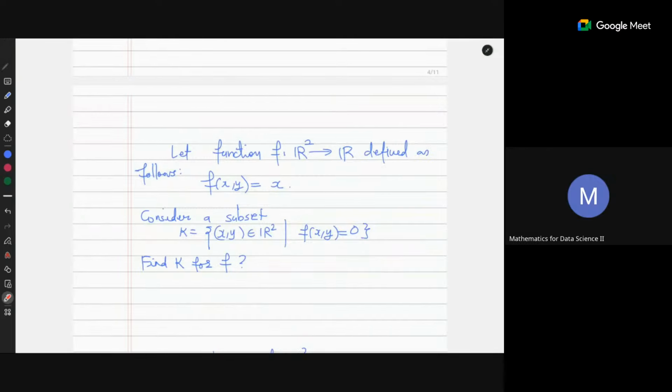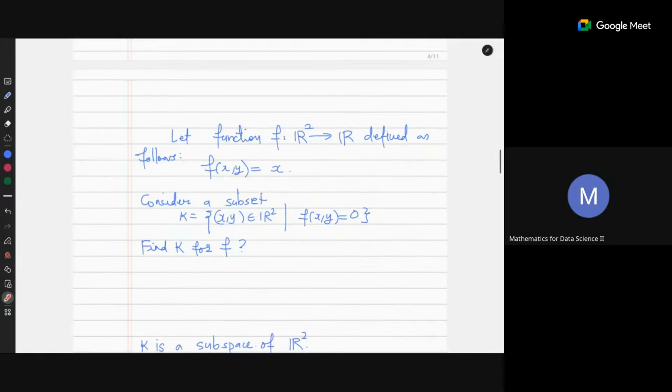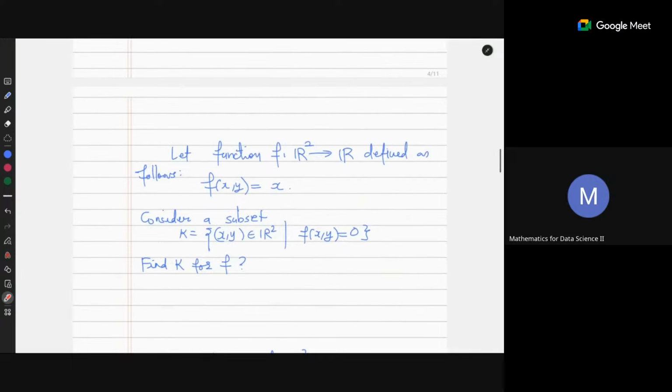It is a simple function. It just takes (x, y) and maps it to x. Now consider a subset K given by (x, y) in R2 such that f of (x, y) is equal to 0.